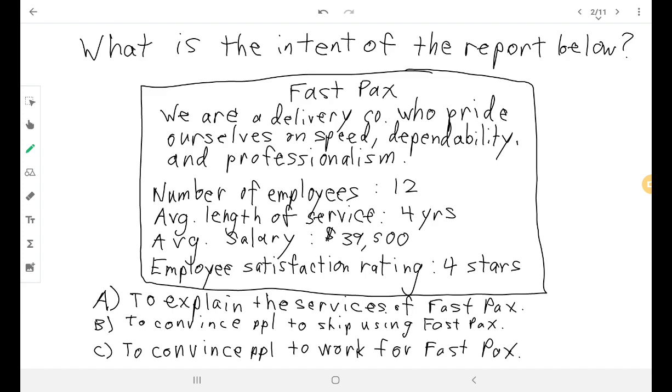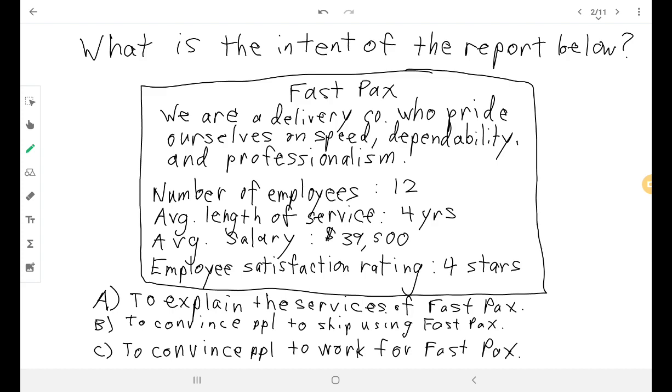And then it lists the number of employees that they have, 12 employees, the average length of service that an employee is there, 4 years, the average salary of the employees, $39,500, and the employee satisfaction rating, 4 stars, presumably out of 5, but they don't actually say that.